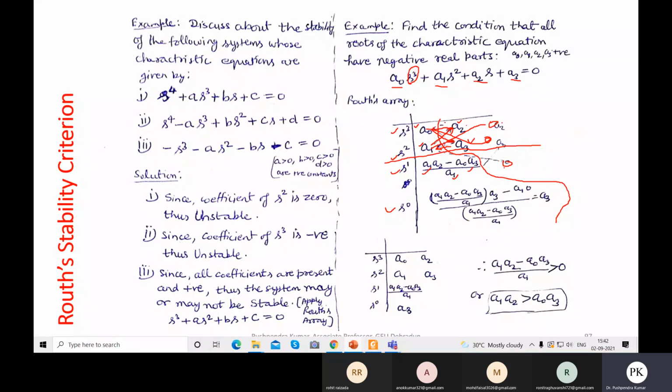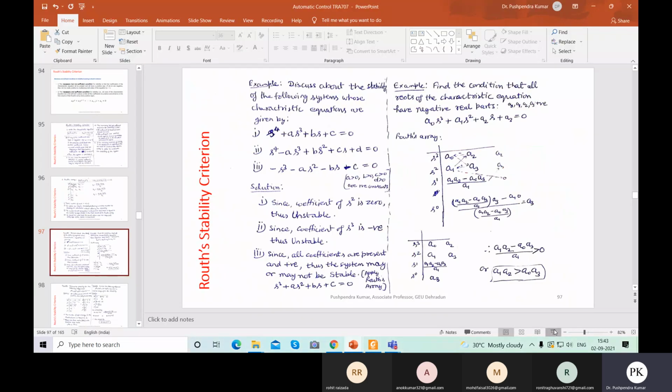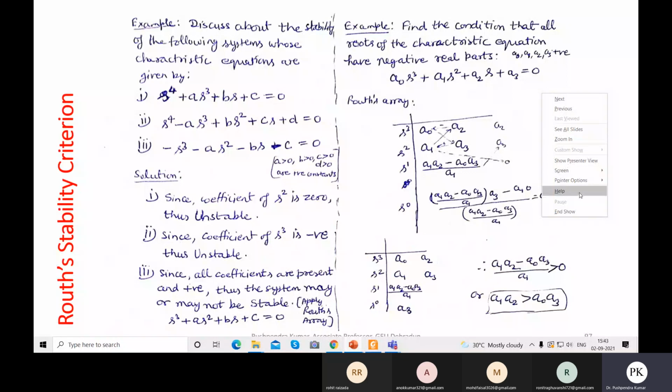I forgot to keep a gap between a0 and a2, so I write a2 here. This one is your first column and this one is your second column. This a2 I have written here, and this a3 I will write here.